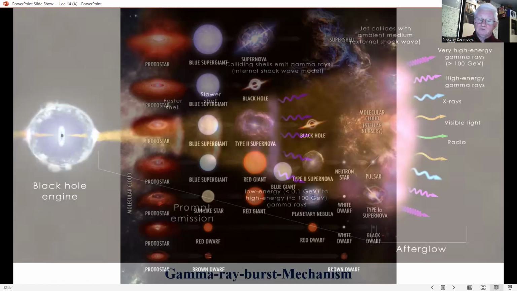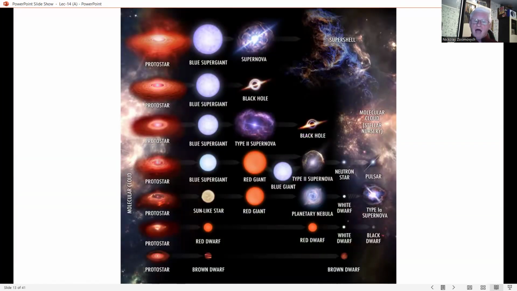Bursts longer than 2 seconds appear to arise during hypernovae, the collapse of massive stars to form black holes. The short gamma ray bursts are produced by shifts in the powerful magnetic fields in magnetars or the merger of binary compact objects, such as neutron star pairs or neutron star and black hole pairs.